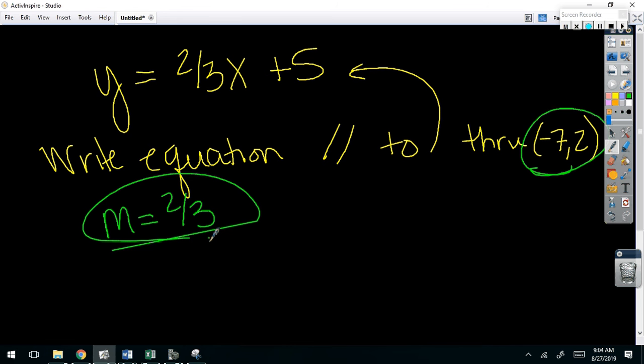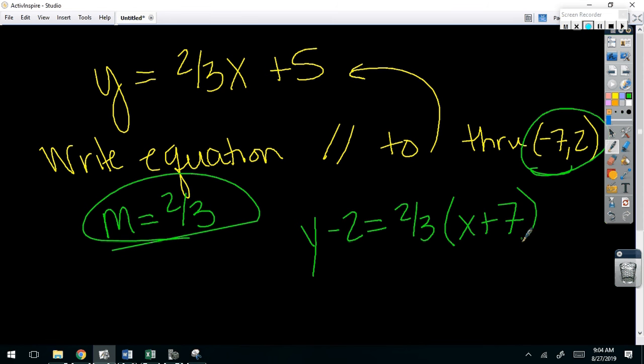What form should I use? Point-slope. So give me the equation. y minus 2. There you go. Easy?